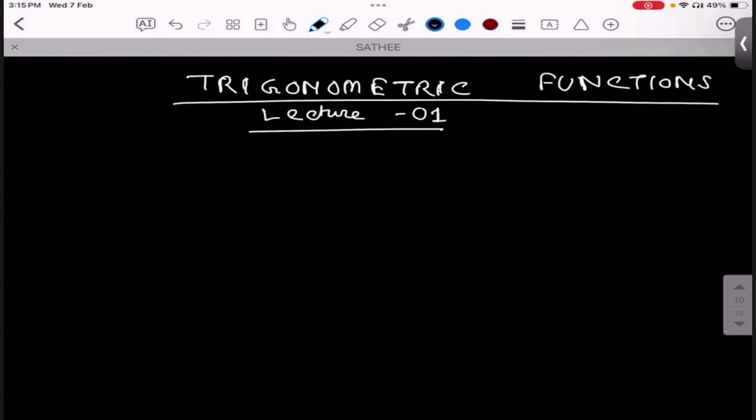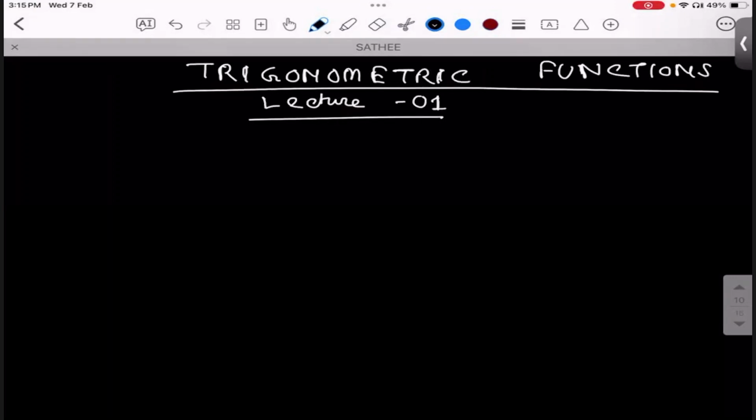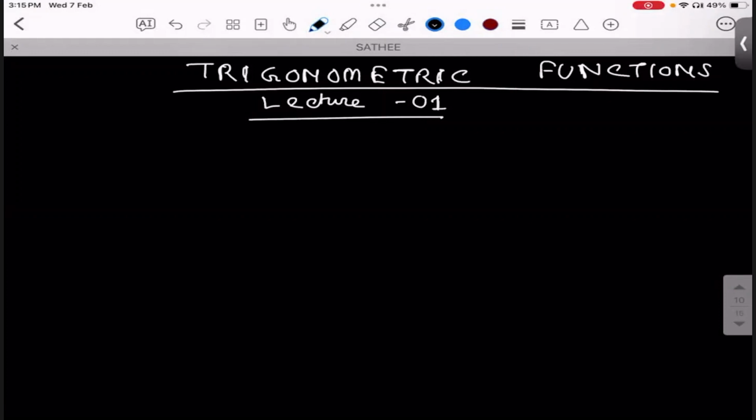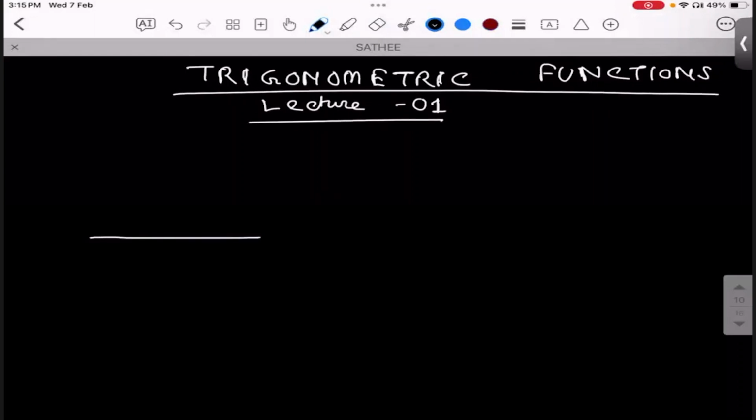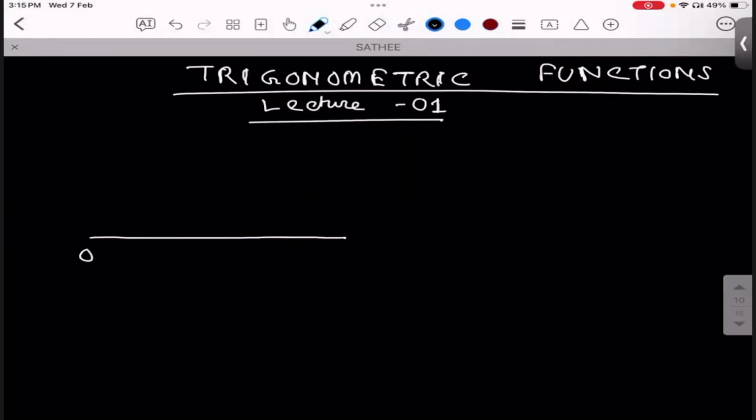Okay, so we know a little bit about angles. Let me discuss a little about angles. Let us assume that this is our initial vector, named OA. Now someone is going along this direction.